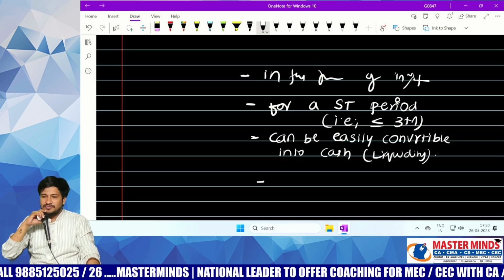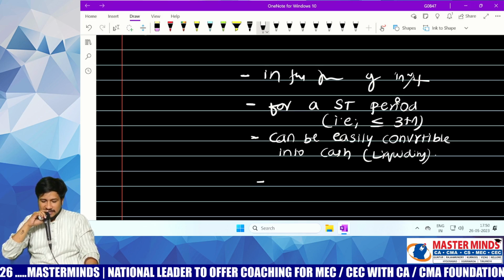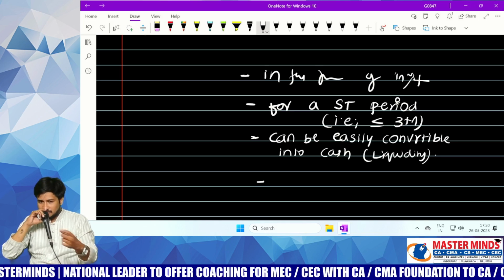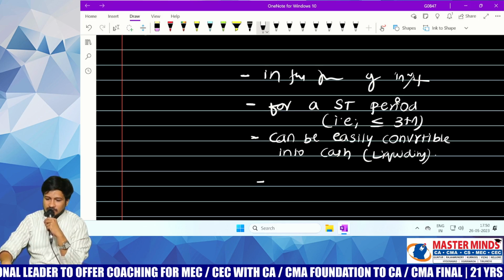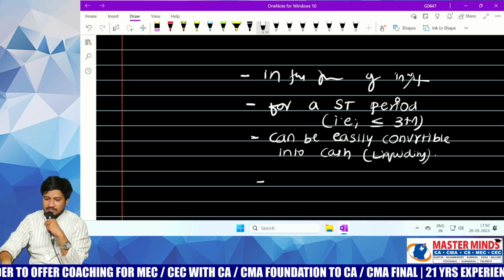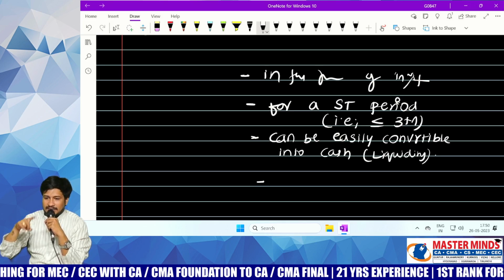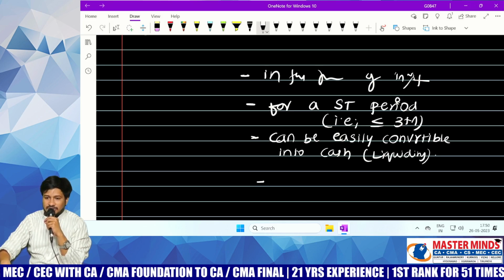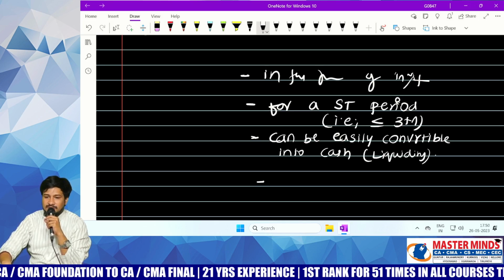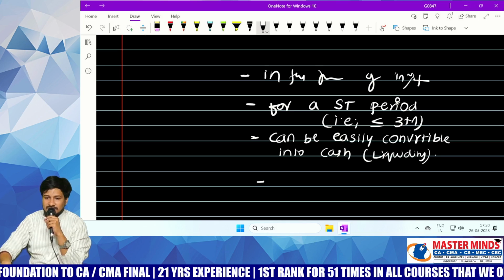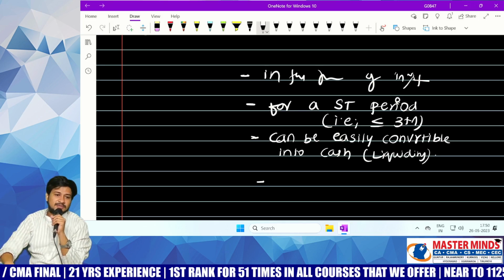Next point. Investment in debentures and preference shares. Point number 2: investment in debentures and preference shares are generally not traded in the market, within brackets, that is negligible risk.